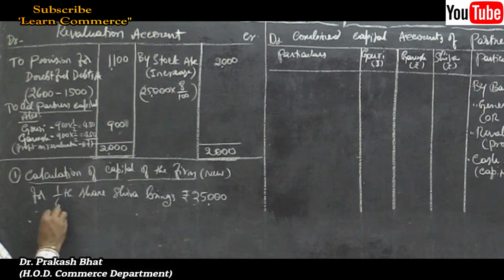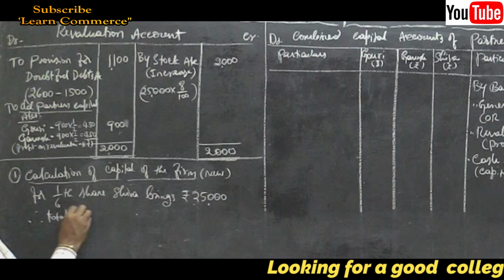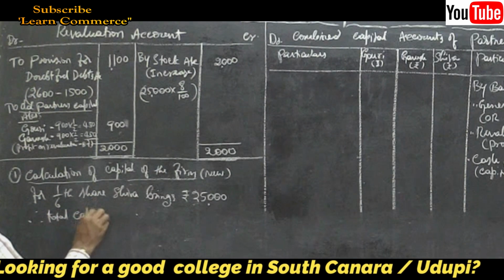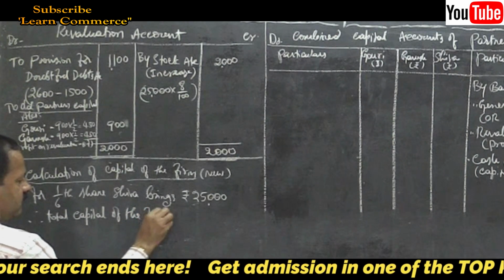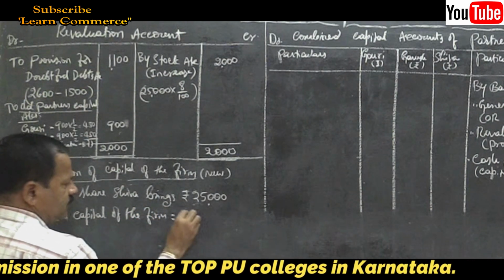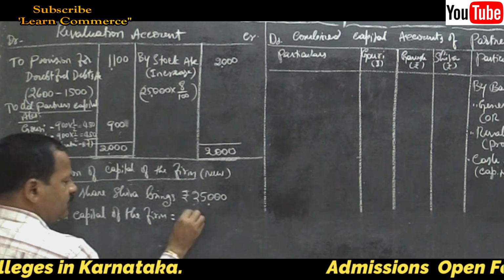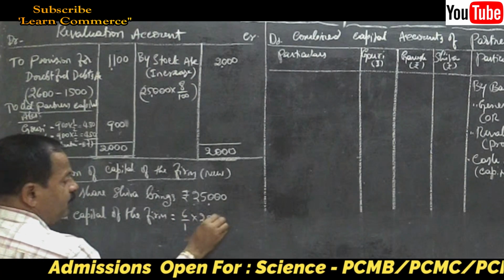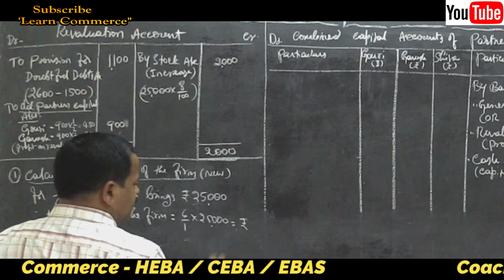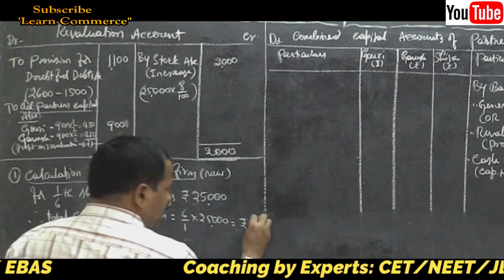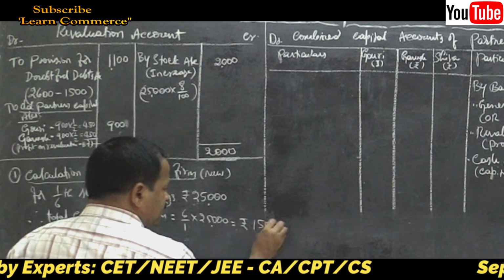Therefore, total capital of the firm is 6/1 into 25,000, which is equal to rupees 1,50,000.